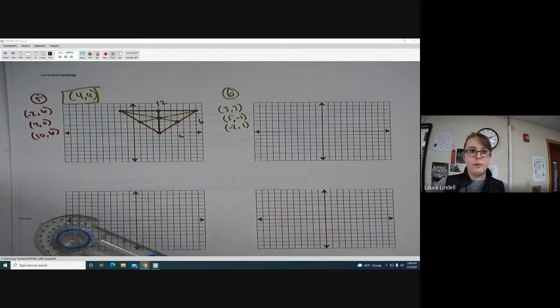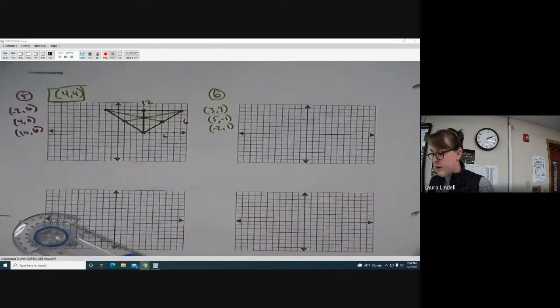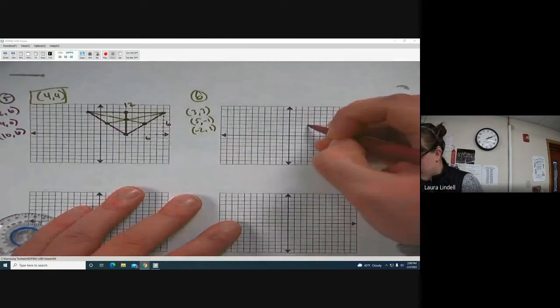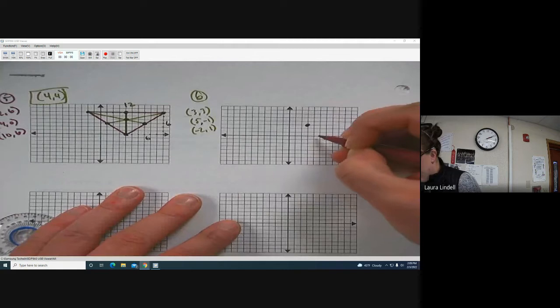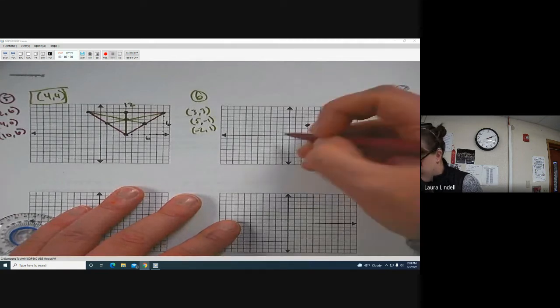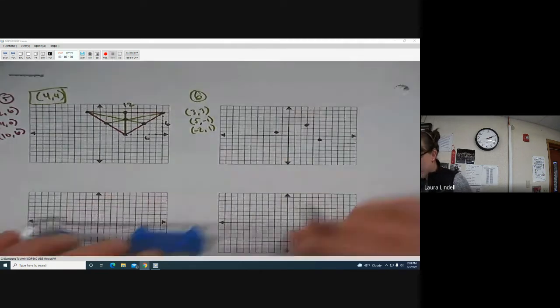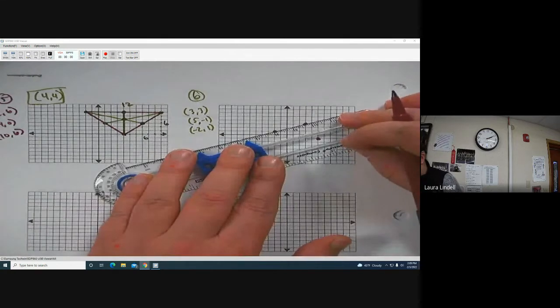Okay, so hopefully you paused it. I'm going to start going through this one. First, you got to graph the coordinates 3, 3, 5, -1, -2, 1, and then connect the dots.